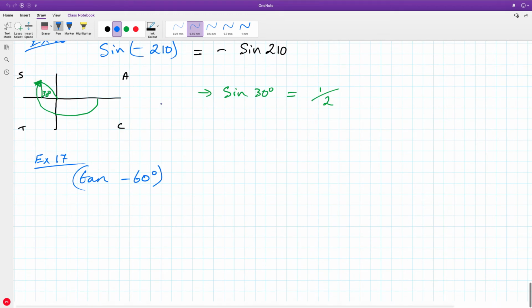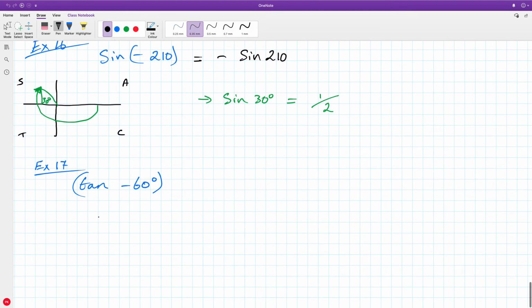So once again, tan of minus 60. Tan of a negative angle is a minus tan or plus tan? Looking at the board on the left, minus. So it's minus the tan of 60 degrees, so it's a negative angle. C, A, S, T, starting here, out you go, 60 degrees.